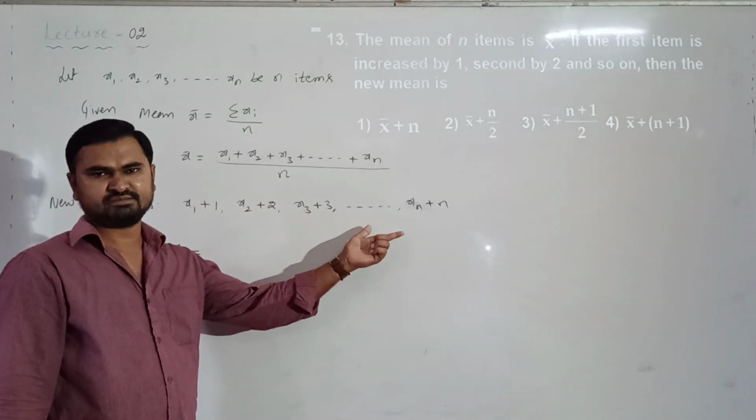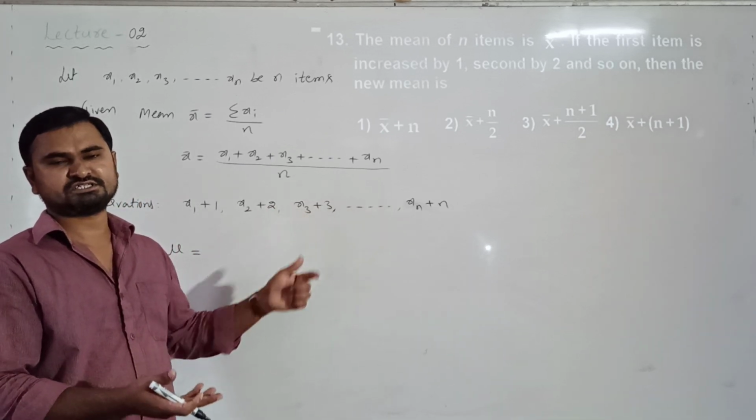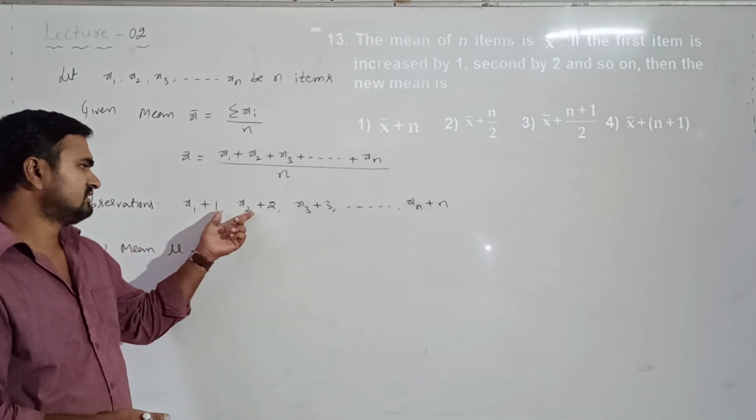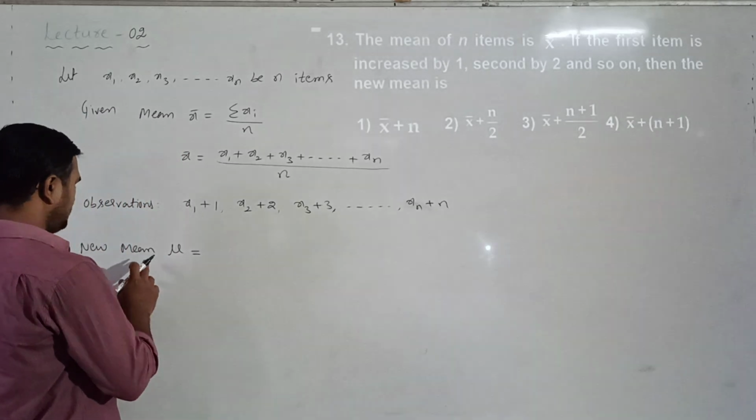Now the number of observations remains the same, n only. The number of observations is not changing. What has changed is that each observation's value is raised. So what is the new mean?